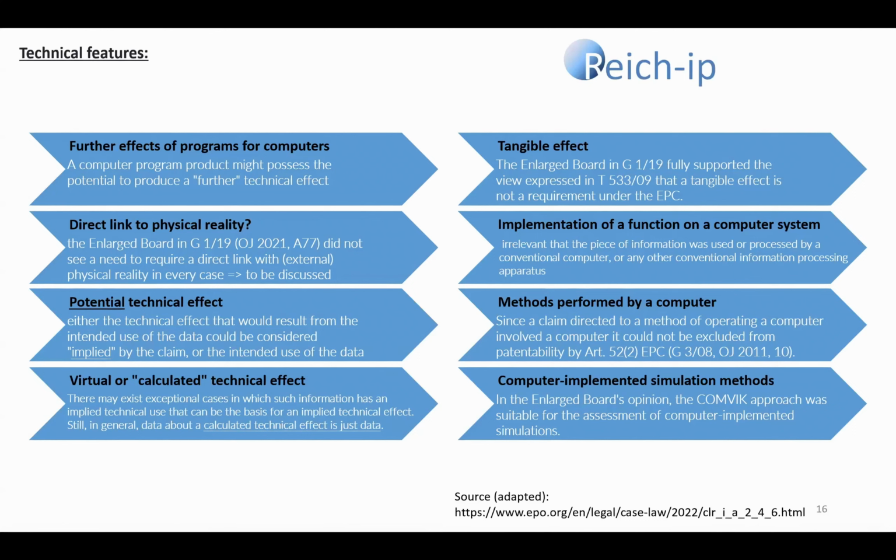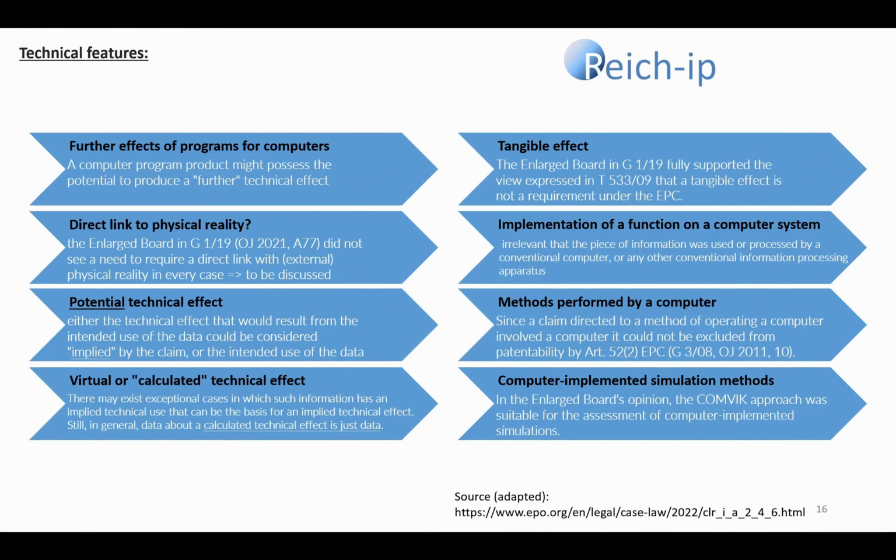There we have a case law collection from the European Patent Office, and I'm gonna show you through the arrows on the left-hand side. You learn that a further effect of a program has to be accomplished on a computer.